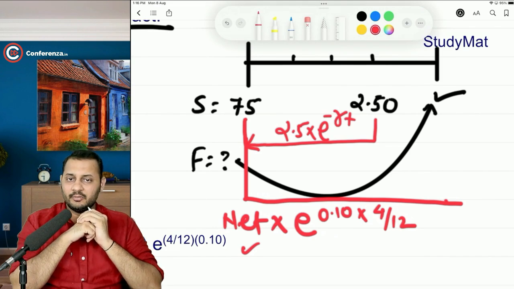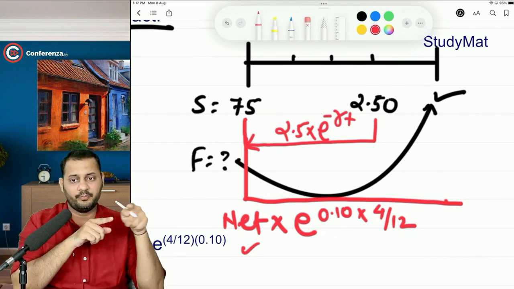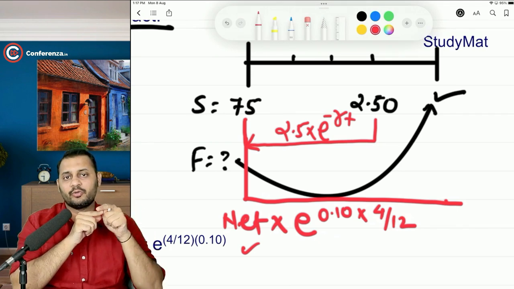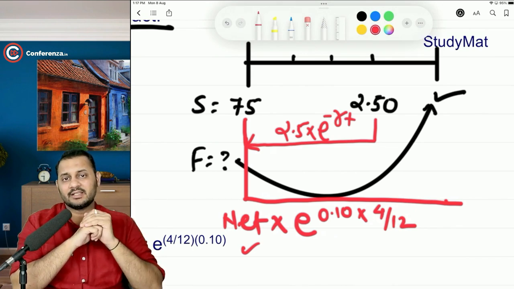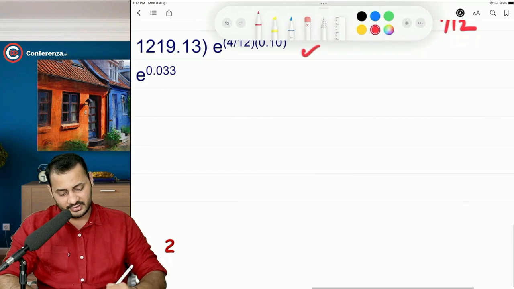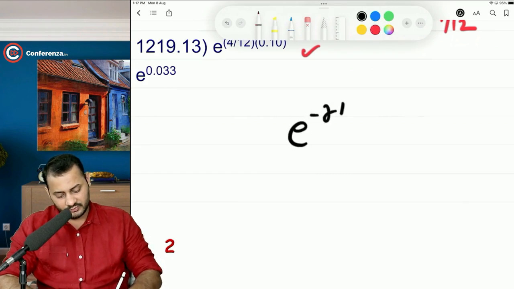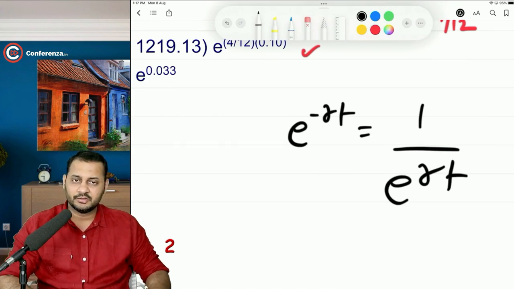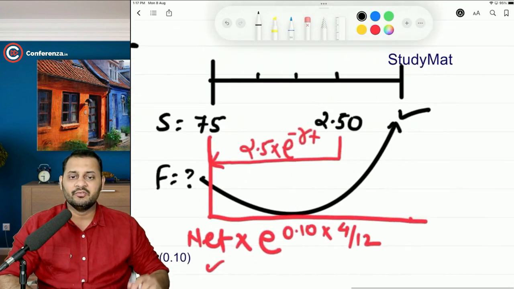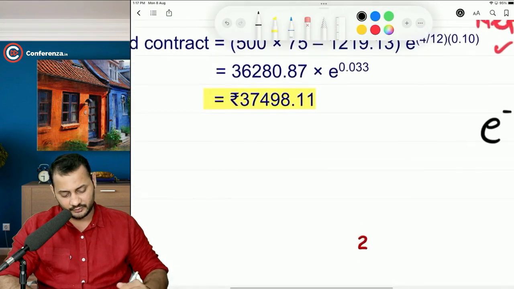R will be 10% and T will be 3 months out of 12, because you have to take this 2.5 three months backwards. You have to discount 2.5 by 3 months. So you will take minus RT, and e to the power minus RT is nothing but 1 divided by e to the power RT. Simple. So you just take the inverse of this figure.